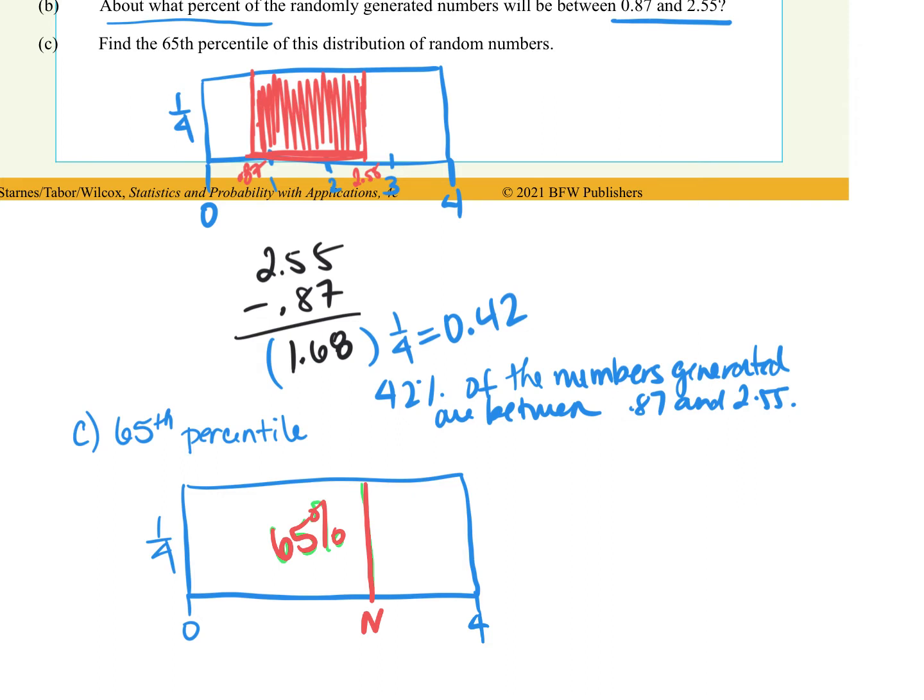So what did I do here? I took the base length times the height of 1/4, and that gave me the percent in part B, right? But that percent was in a decimal. How can I work backwards? Right, I have 1/4 times n equals 0.65.